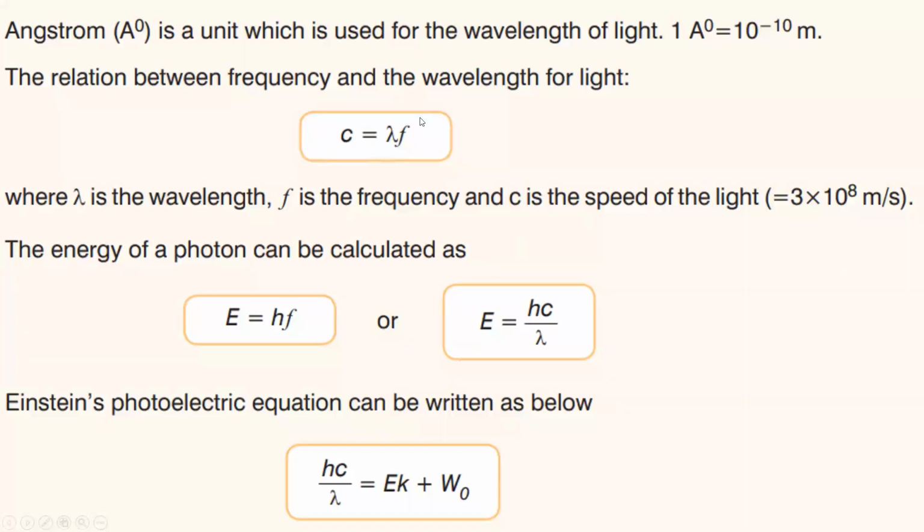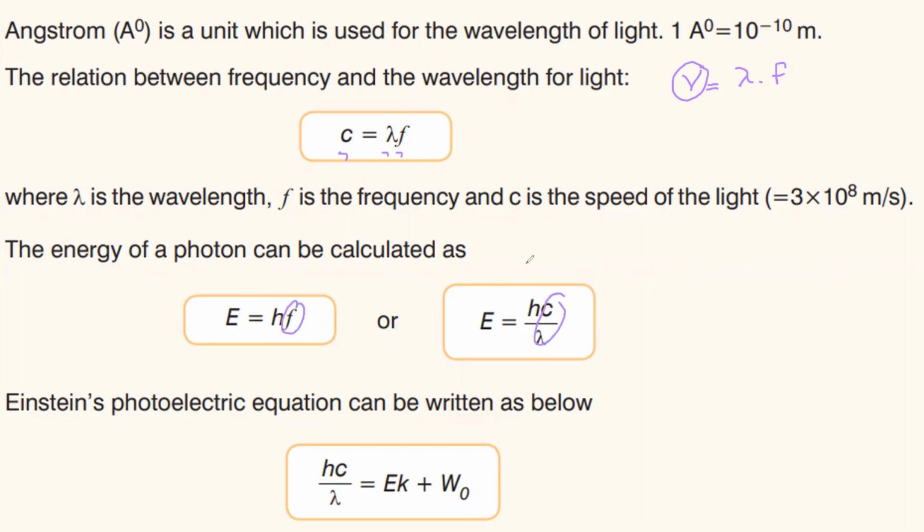And another formula, you remember from our topic, we have v equals wavelength times frequency. I'm changing this v to the speed of light: c equals wavelength times frequency. And do you remember energy is equal to hf? So for f, I'm writing c over wavelength.